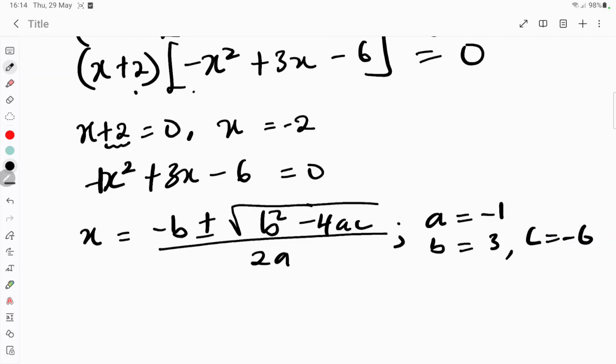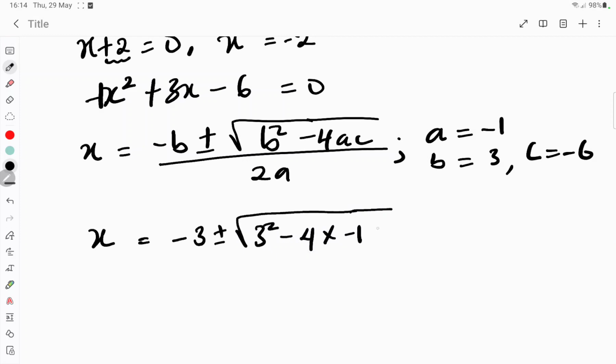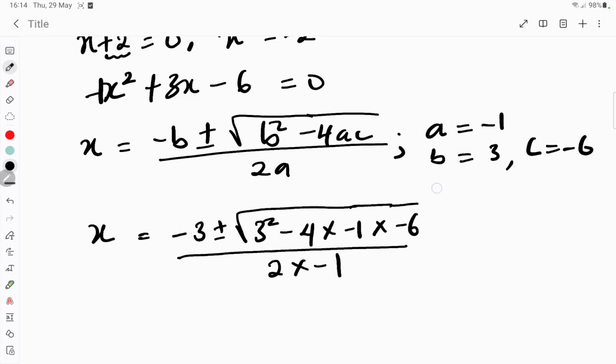Good. So let's plug it into our formula. We have that x is equal to minus 3 plus or minus the square root of 3 squared minus 4 times minus 1, which is our a, times c, which is minus 6. Then divided by 2 times minus 1. Good.